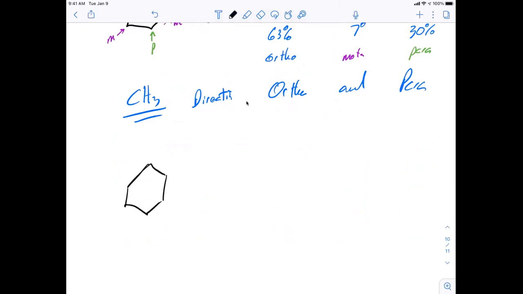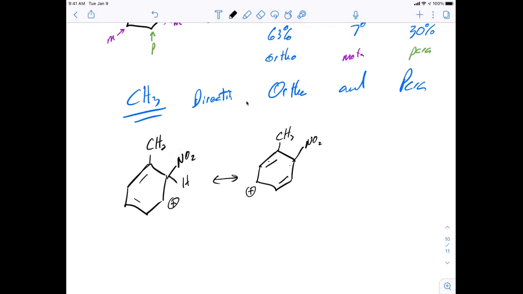So we're going to have the methyl, and if we attach the nitro to this position, I'll get this, and this would give me several possible carbocations. I've got this one with the nitro and the hydrogen, but I'd also have this one with the carbocation here.